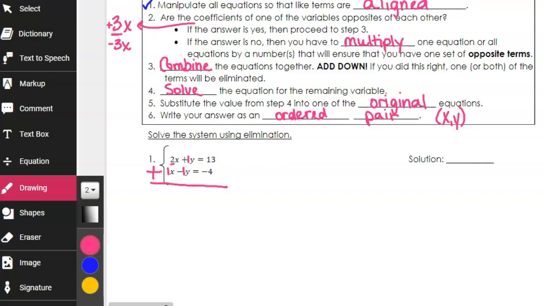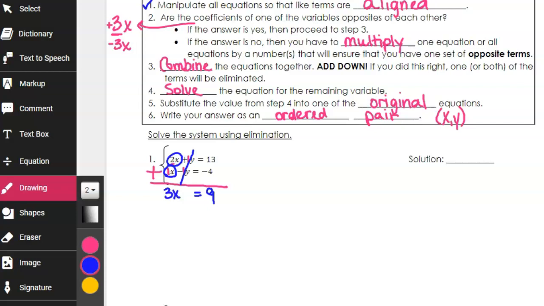So 2x plus 1x gives me 3x. 1y plus negative 1y is 0. Those are eliminated. I have my equal sign, and 13 plus negative 4 gives me 9.